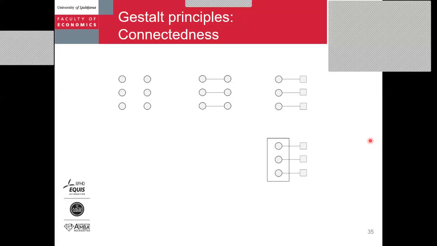Yes. Actually, most people would say that this enclosure is something that is stronger even than connectedness. Okay, so elements tend to be grouped together if they are physically connected, but enclosure may override also this. Okay.